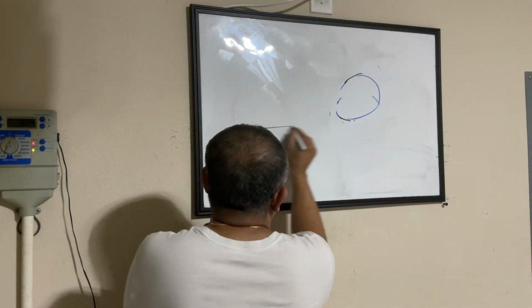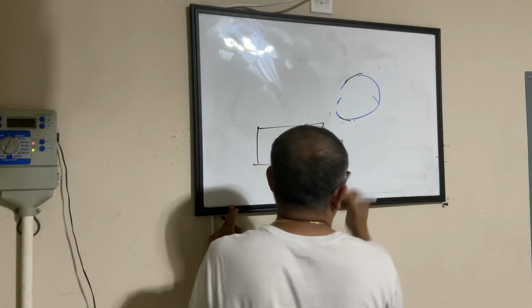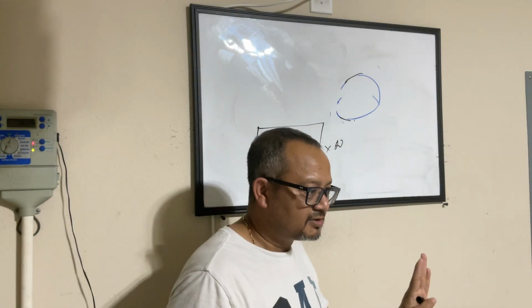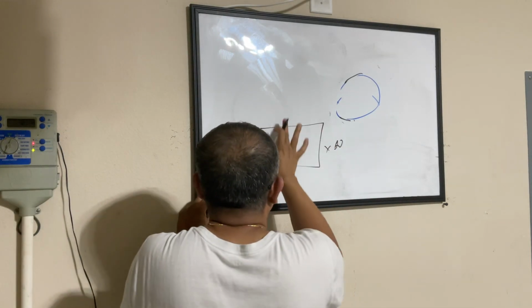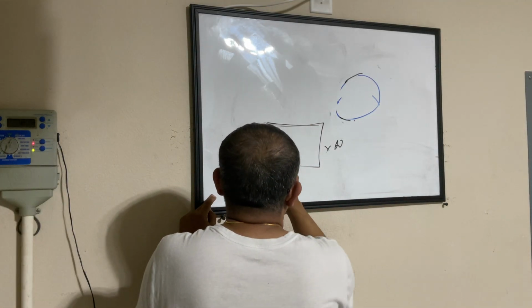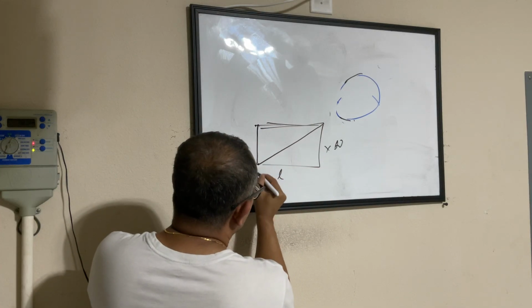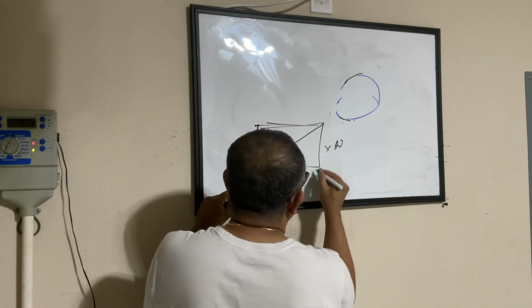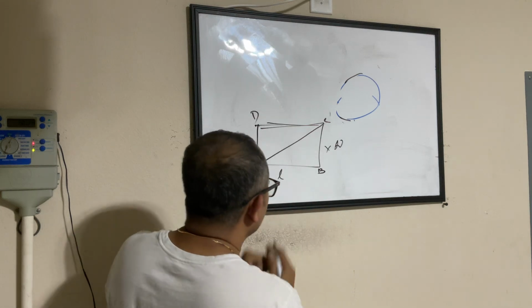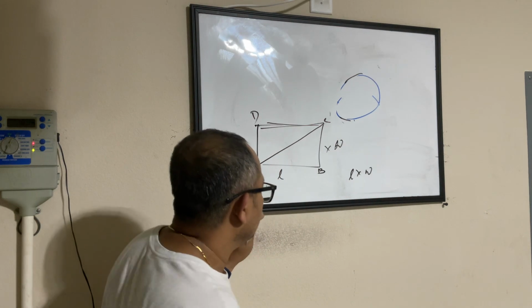Now, you all know the area of a rectangle is length into width, okay? Let's say the corners are A, B, C and D. This is my rectangle, and the area of this is length into width.